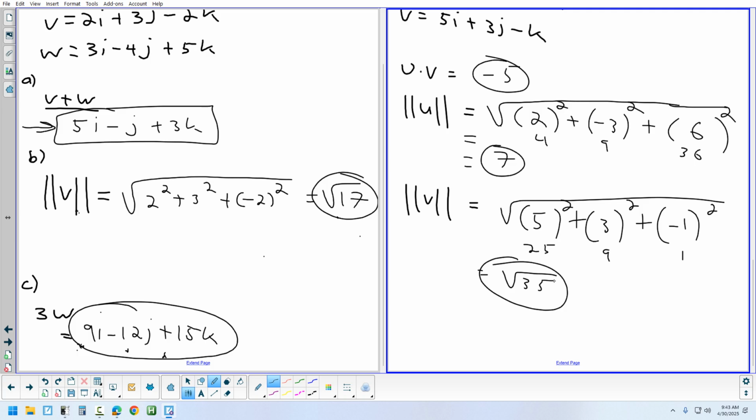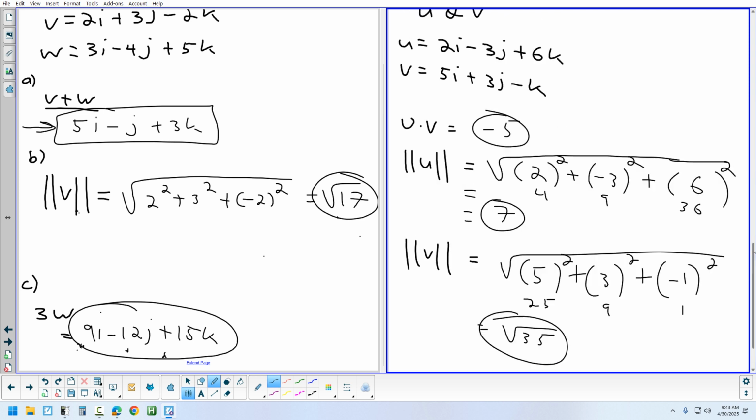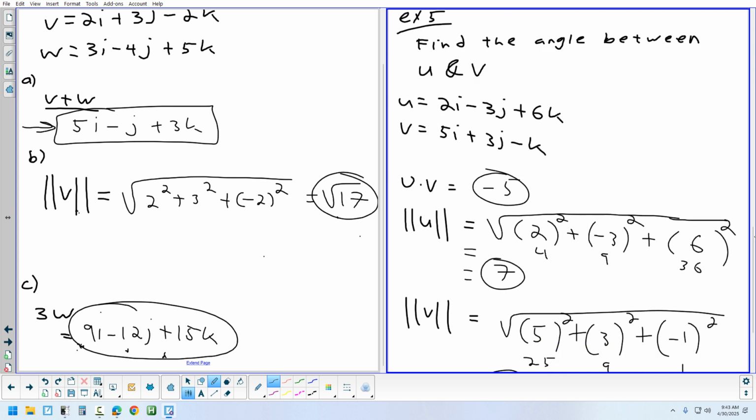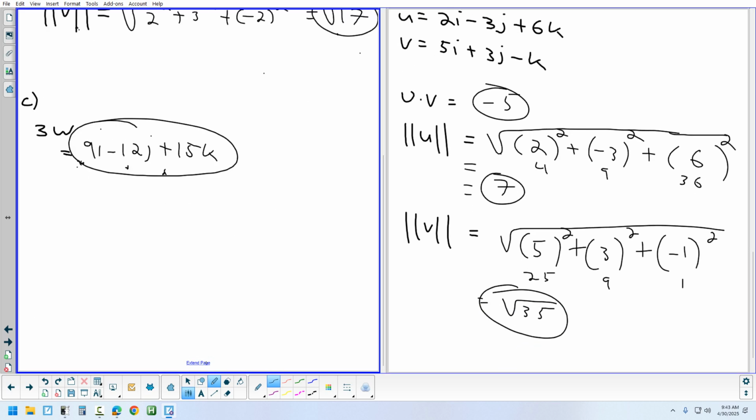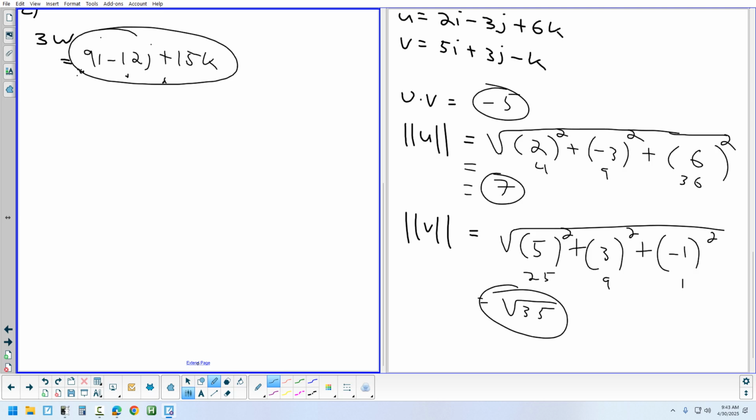Okay, so now have we figured out what they wanted? No, we haven't done what they wanted yet. We have all the pieces we need, but what is it that they want us to figure out? They want the angle. Right, so using those 3 pieces, what's my formula on the left side of the equation to find the angle?